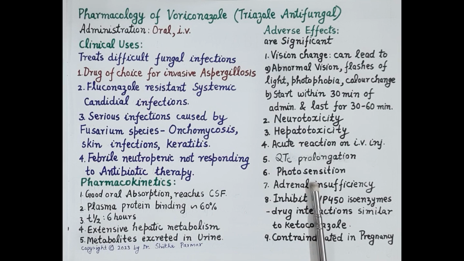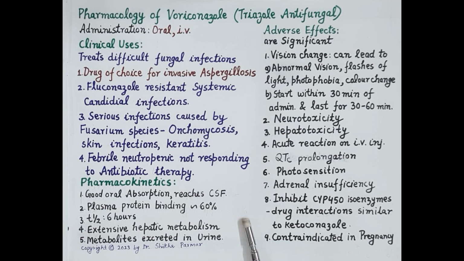It can also cause photosensitization. Rarely it causes adrenal insufficiency. Then like other azoles, it also inhibits cytochrome P450 enzyme, and it can cause drug interactions, and its drug interaction profile is similar to that of ketoconazole, and it is also contraindicated in pregnancy.